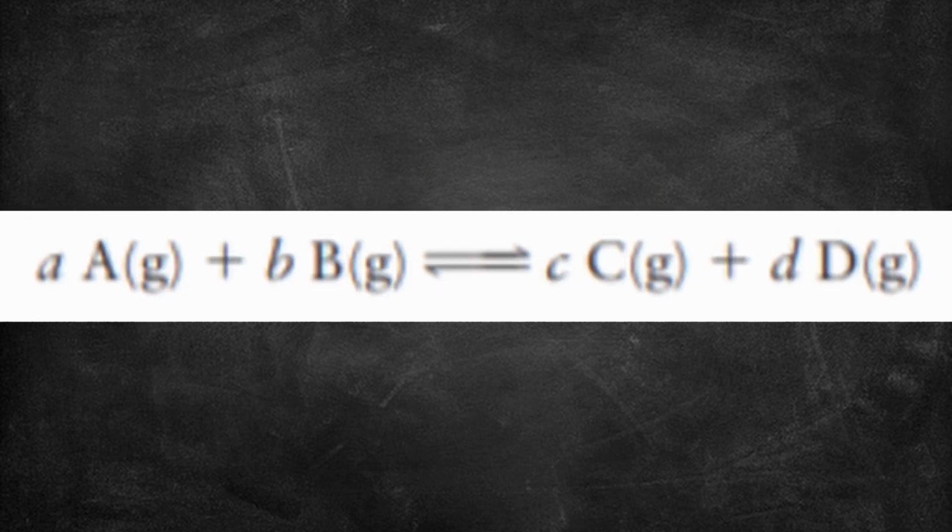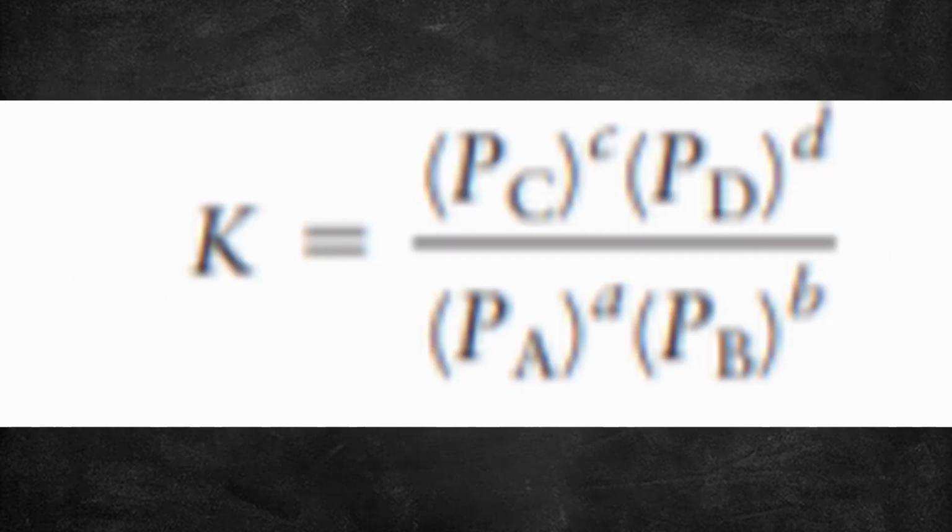I'll explain this by showing you this general reaction here, where the capital letters A, B, C, D are the compounds, and the small letters a, b, c, d are the stoichiometric coefficients. So we can write the mathematical expression for the equilibrium constant for this reaction, like this.